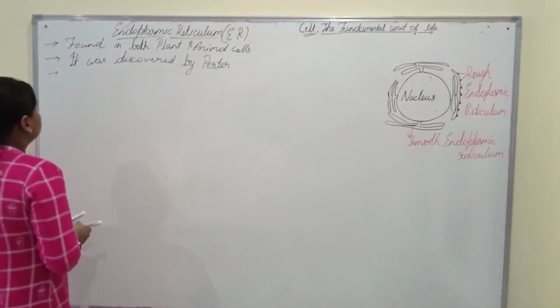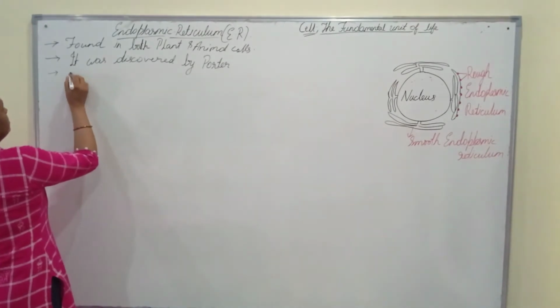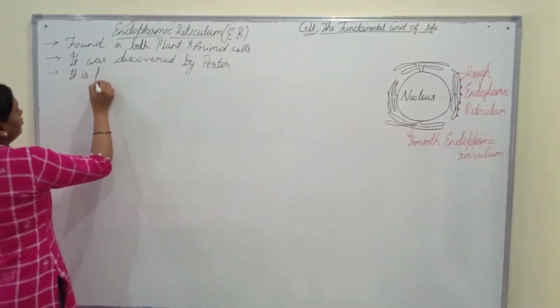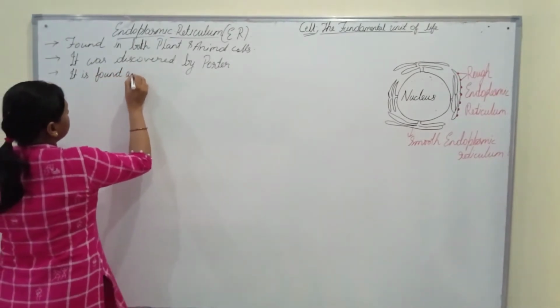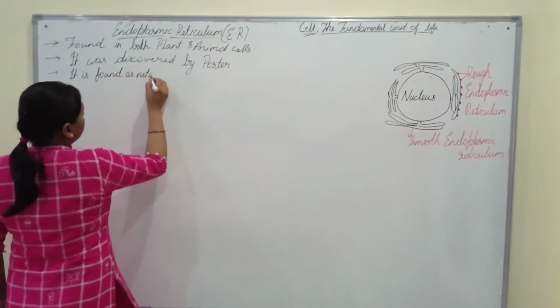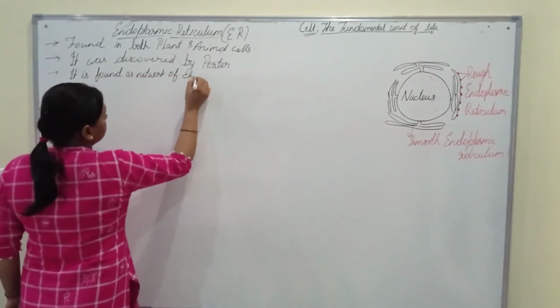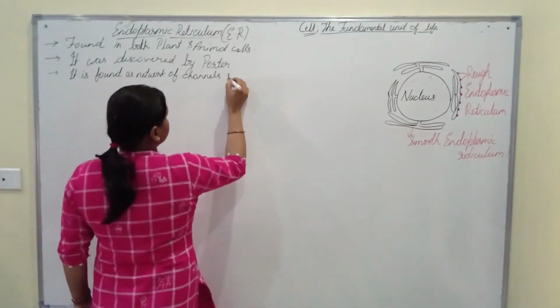Now, the endoplasmic reticulum is found as a network of channels and tubules.